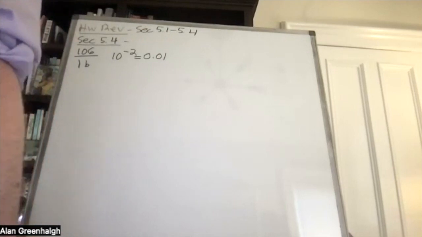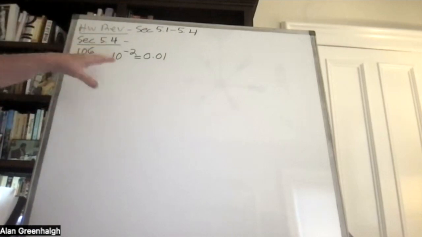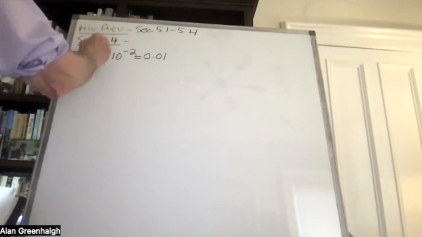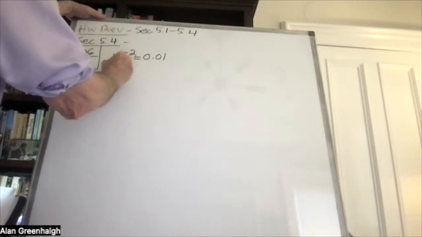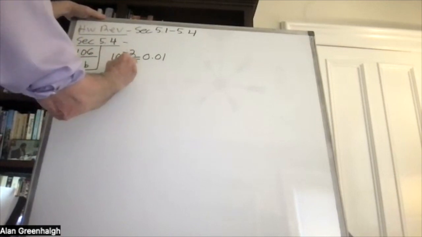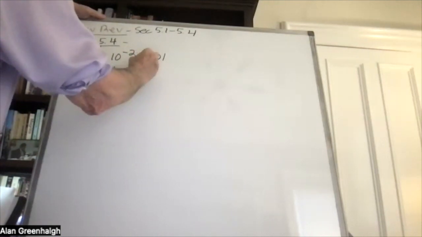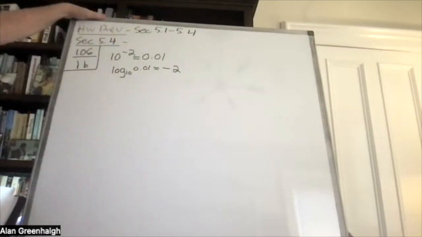And the question was simply, write in logarithmic form. So it's now in exponential form, and we want to get it in logarithmic form. So all we have to do is write this as a log. Now the base is 10. The number is 0.01, and the exponent is negative 2.